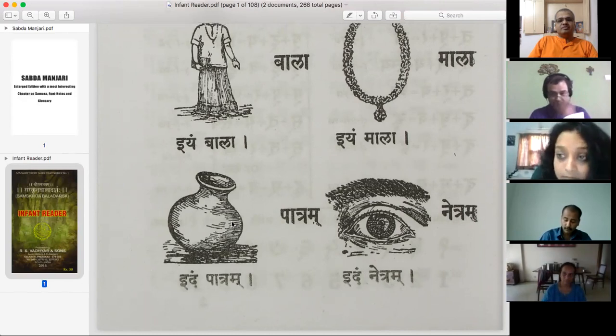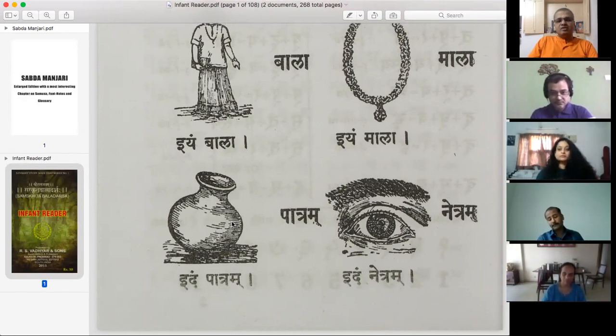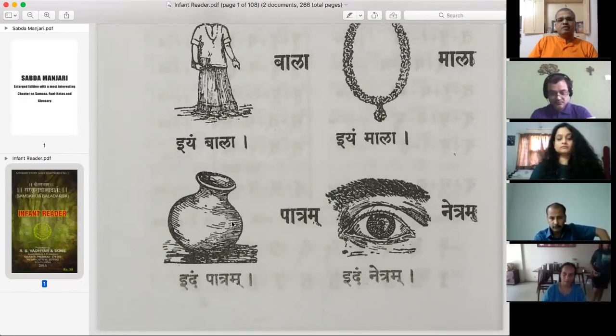Neuter gender. So, you have patram. When you want to say this is a patram, then what do you use? You use the neuter gender form of idam. Okay, so you say idam patram.